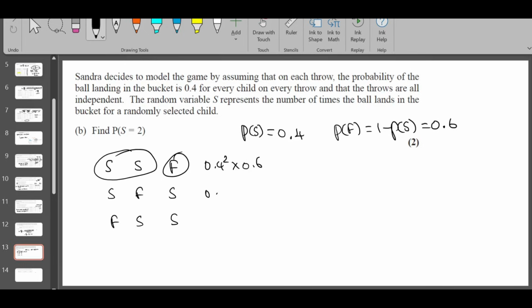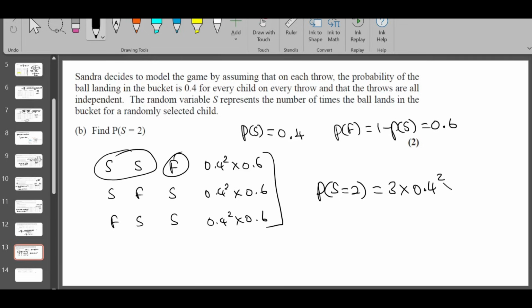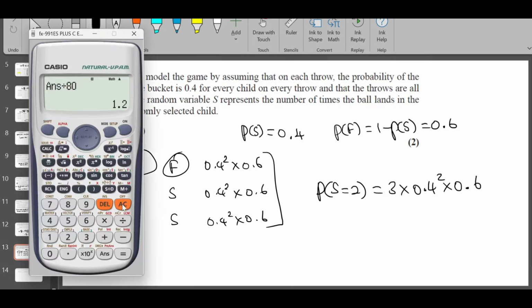Here also the same thing, right? Here also the same thing. So when you add them, it's basically P of S equals 2 is 3 times 0.4 to the power 2 times 0.6. So you will get the answer already: 3 times 0.4 squared times 0.6.